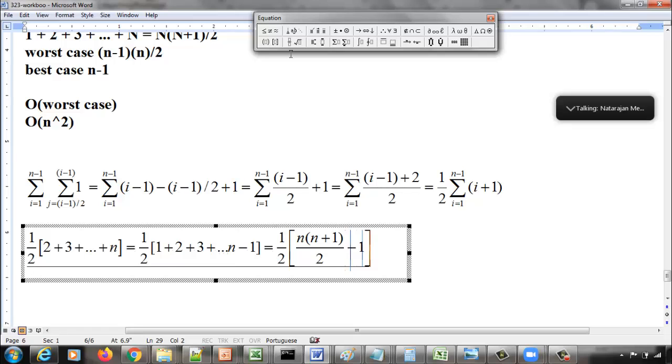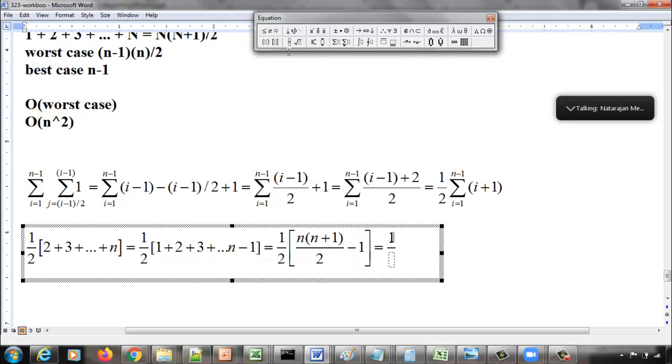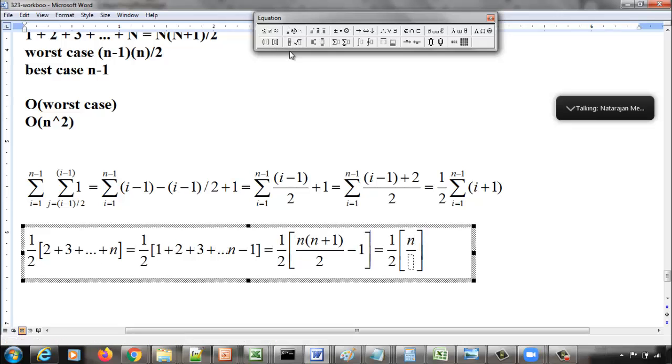You can even leave it as it is and say this is proportional to n square, but let us do one more step. That's going to be (n square plus n minus 2) divided by 2.